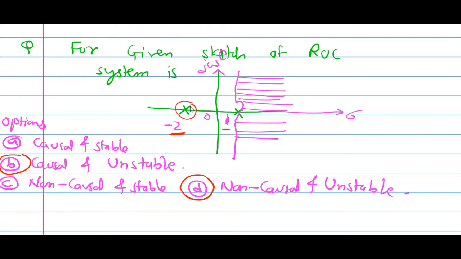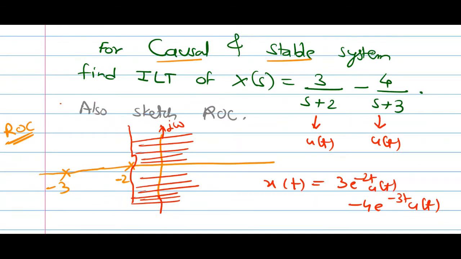If I am standing at this pole, ROC is towards the right hand side, so it is a causal system. So the correct answer is causal and unstable.